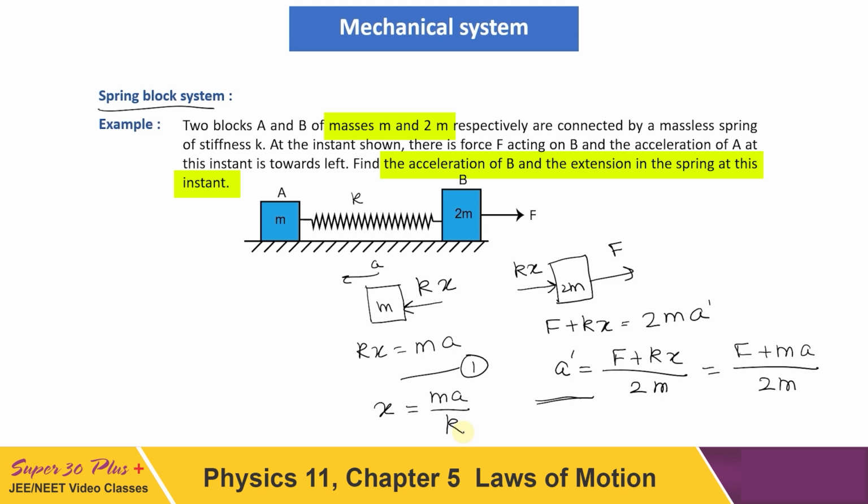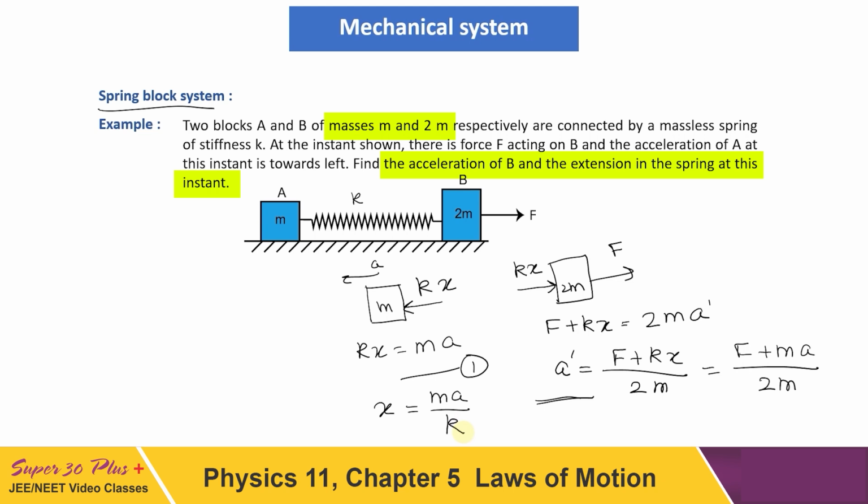Do remember one thing: if a spring is attached to two different blocks at its two ends, then it is not necessary that both the blocks will move with the same acceleration. But the same acceleration will be there when the spring has maximum extension or maximum compression.